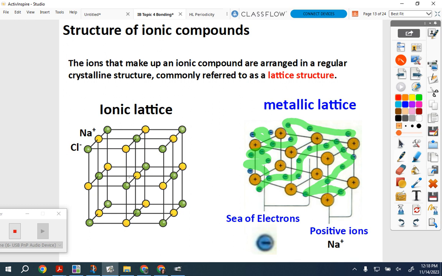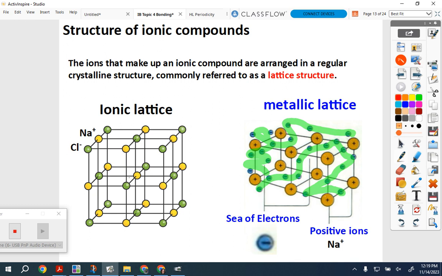A solid ionic compound also exhibits a lattice structure, but depending on the ratio of the positive and negative ions, you're going to get different shapes. You don't have to know different shapes. The only lattice structure that you need to know and potentially reproduce, although I've only seen one question ask it in the question bank, but who knows, they could put it on this year's test, is sodium chloride.